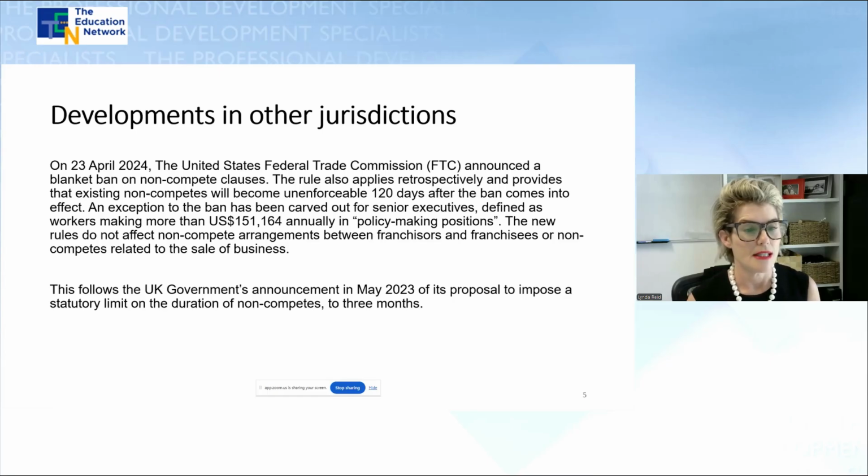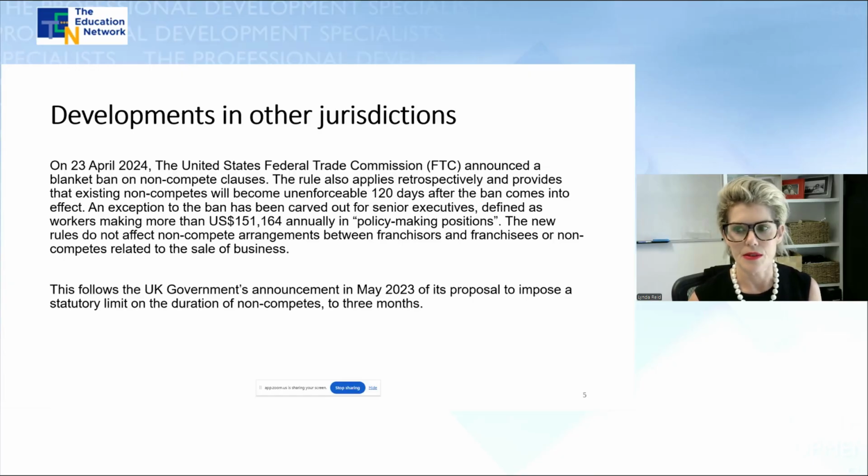Now, this is following a similar or comparable announcement in the UK of a proposal that it made in May 2023 to impose a statutory limit on the duration of non-competes to lower that to 3 months.